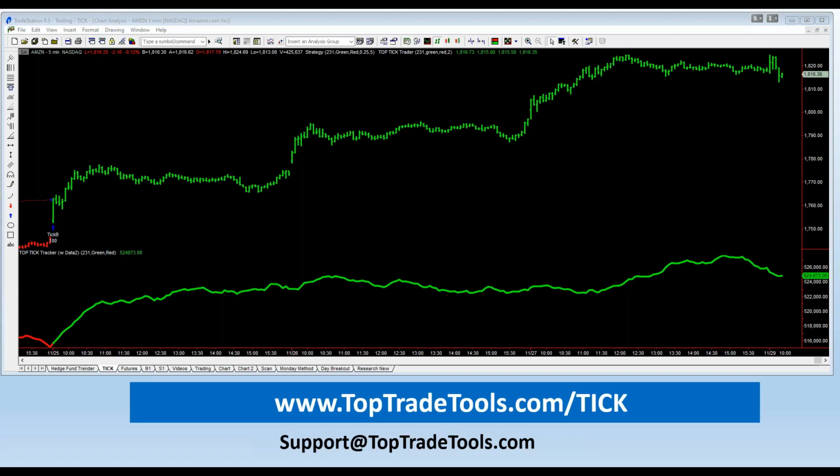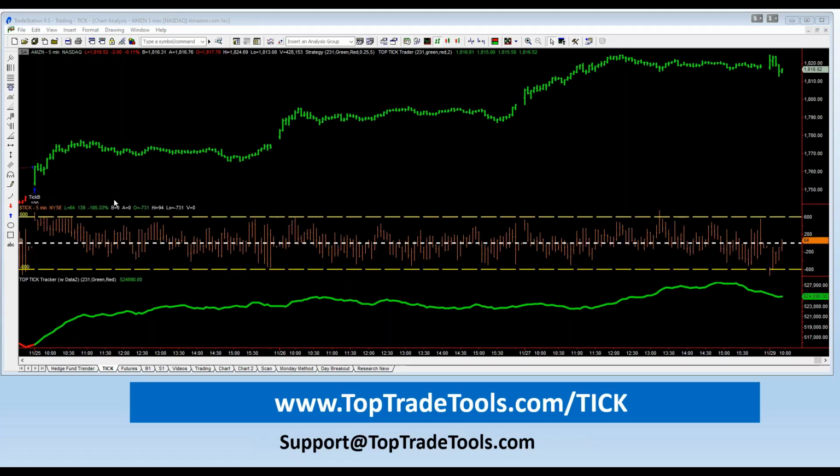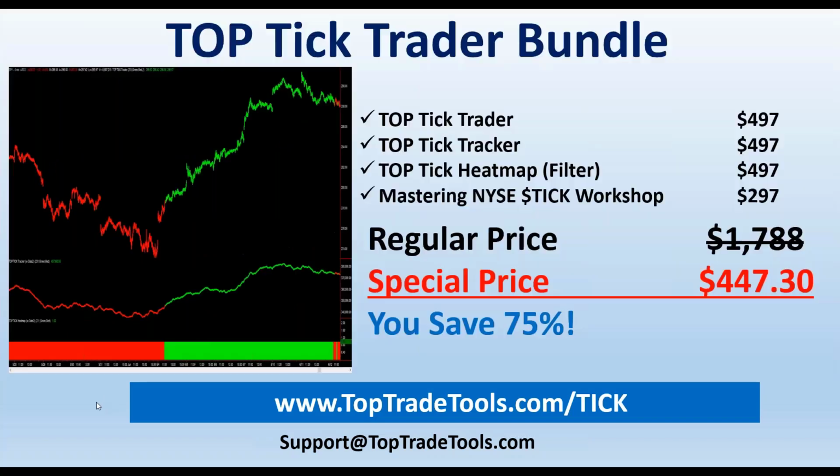You can see the NYSE tick, right? And reading that, if you look at this orange, EKG-ish looking indicator, I can't tell that this was a buy that whole period because I see a lot of values above and below the zero line. That's the power of the Top Tick Tracker and the tools, to give you that information.